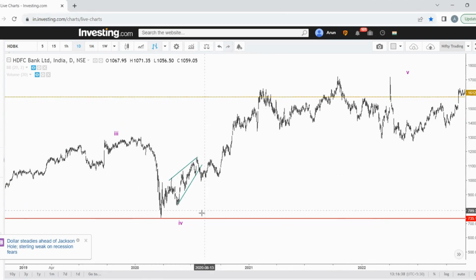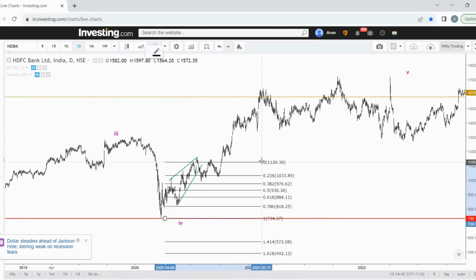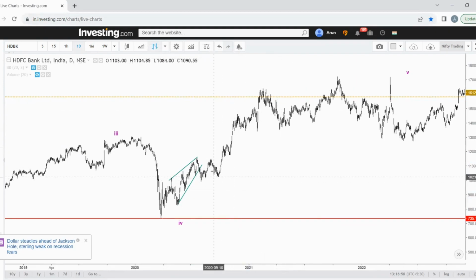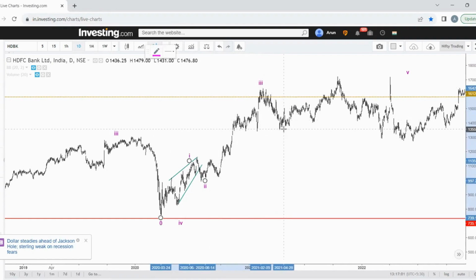So if you get a leading diagonal, the wave 2 mostly retraces 38 to 50%. Here see, exactly the wave 2 reaches 38.2% and started its third wave up. So I mark it like this: 1, 2, this 1, 2, 3, 4, 5, 3, 4 and 5.